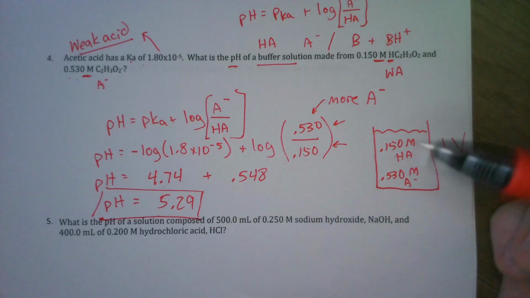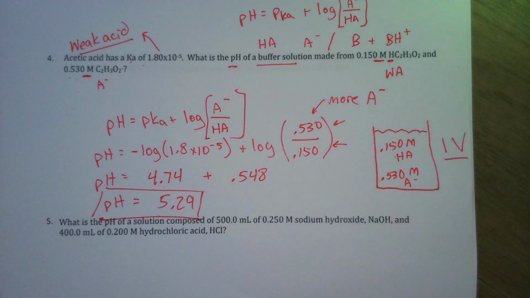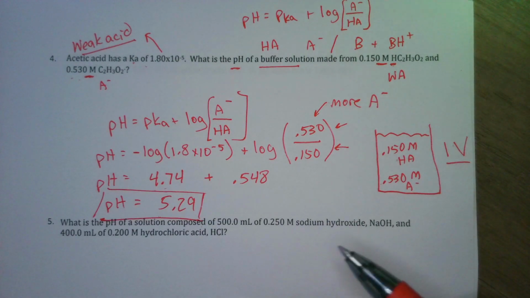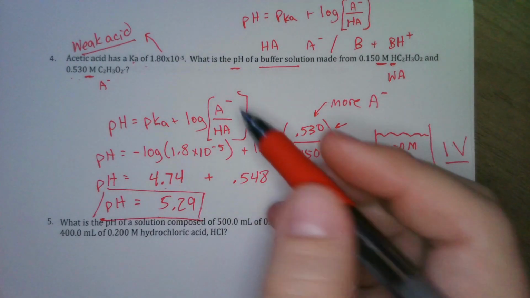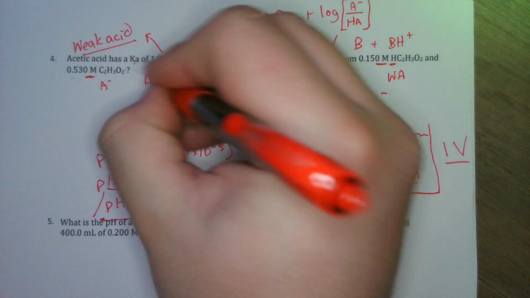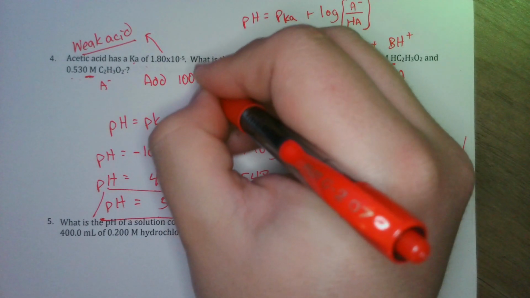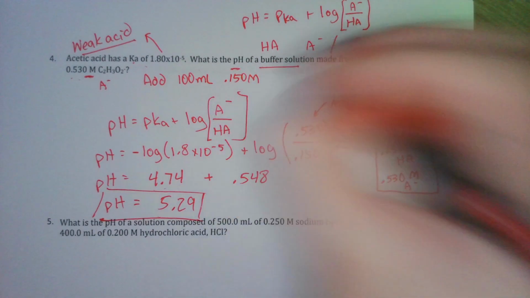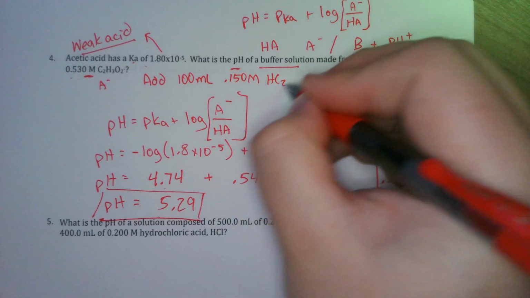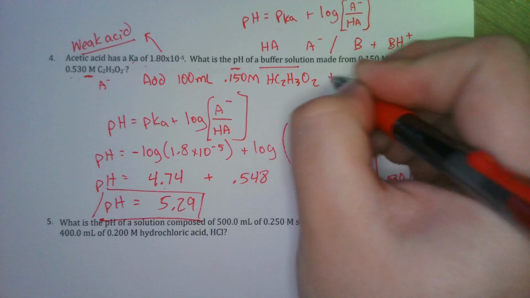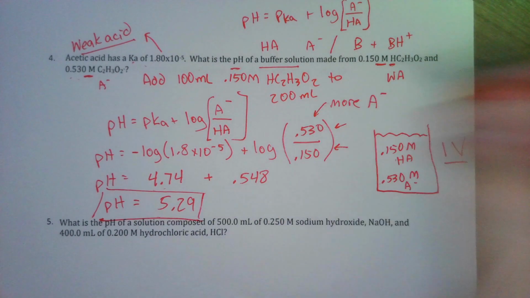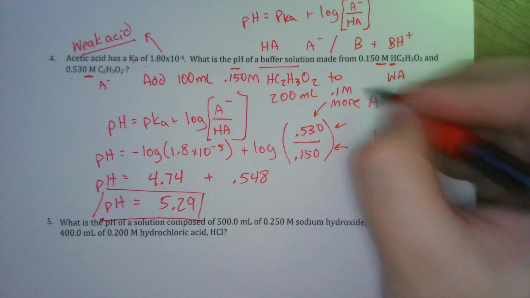Now, the reason we have to break it into two different tables sometimes and it gets more complicated is that basically I give you this exact same question, but it would be phrased just a little bit different. It would say I'm going to add like 100 milliliters of 0.150 molar acetic acid to, like, I don't know, whatever, 200 milliliters of 0.1 molar base.